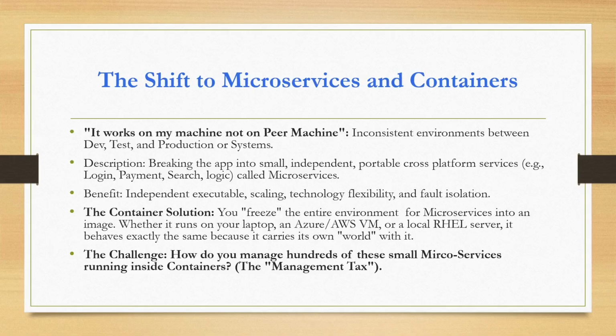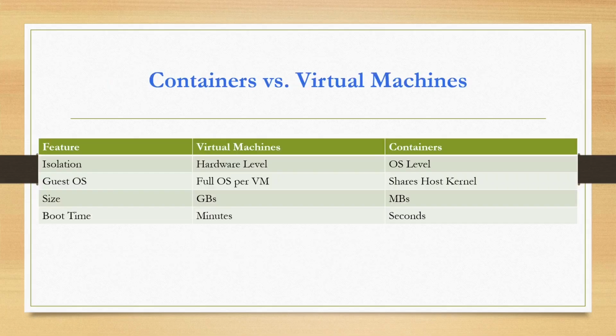It means we have a huge number of containers, hundreds of these small microservices running inside containers. If you have hundreds of microservices, we are going to deploy hundreds of containers too. So it increases the management complexity. For solving this complexity, we have Kubernetes.